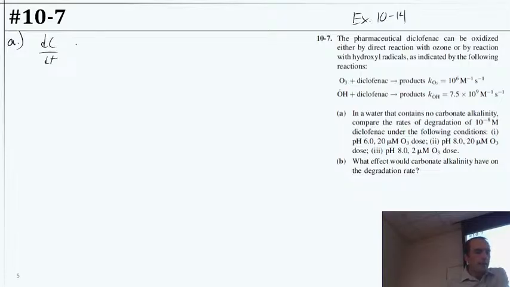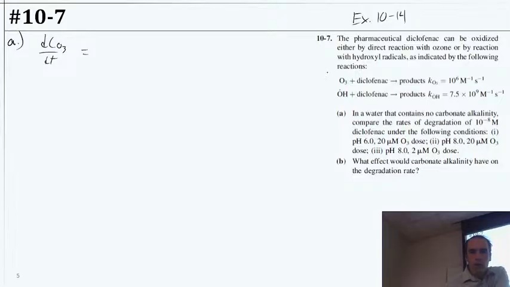We could look at dC/dt for ozone. This should be, and let me go ahead and write that up. I have K1 through 3.